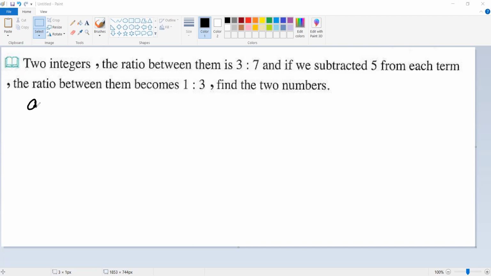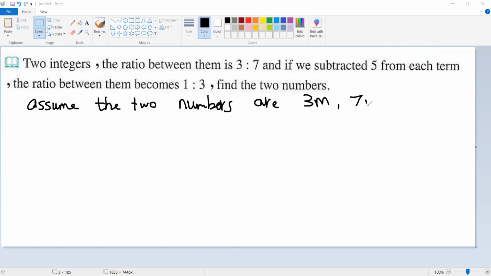So assume that the two numbers are 3m and 7m.